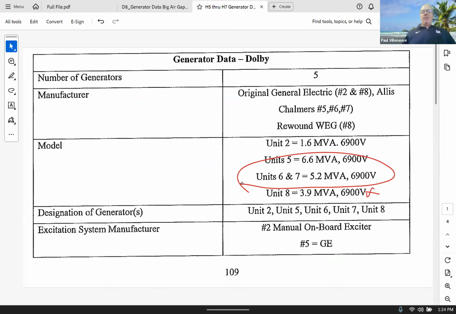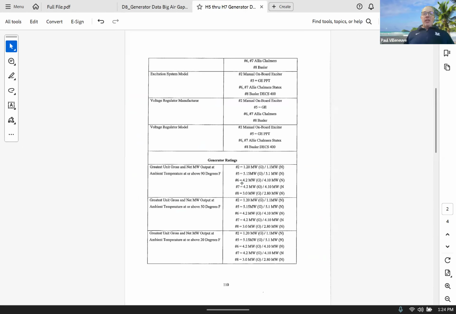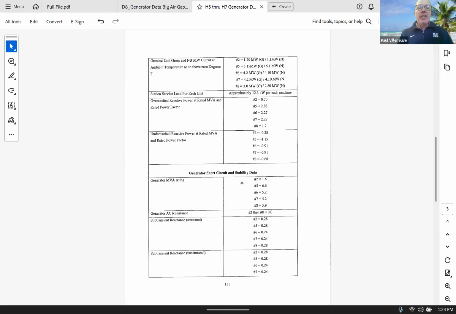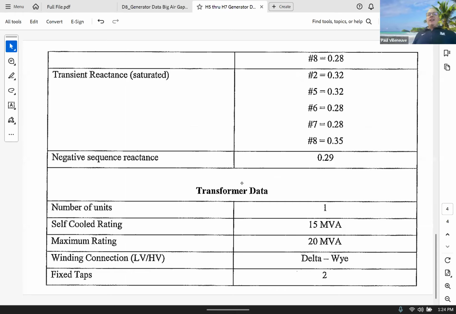Notice this one even here still says it's 3.9 MVA at 6,900 volts, but we're not going to worry about it. We don't care about the excitation system. These are some generator ratings, some values, but if you look down over here, we have our transient reactance. That's that XD value, XD prime value.